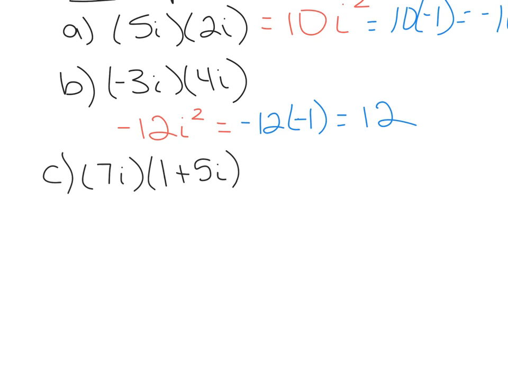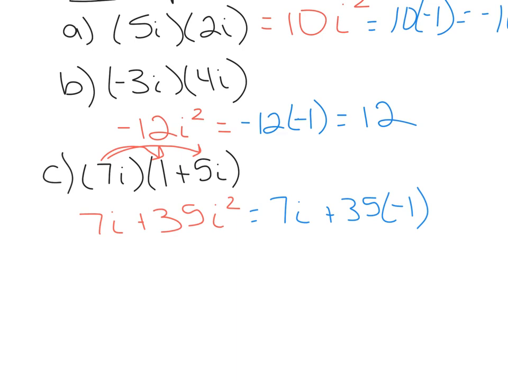We're going to distribute here. 7i times 1 is 7i. And then 7i times 5i, multiply the coefficients first, you get 7 times 5 is 35, and then i times i is i squared. Now again, we're going to simplify this i squared is negative 1. So we end up with 7i as the first term plus 35 times negative 1, which is negative 35.